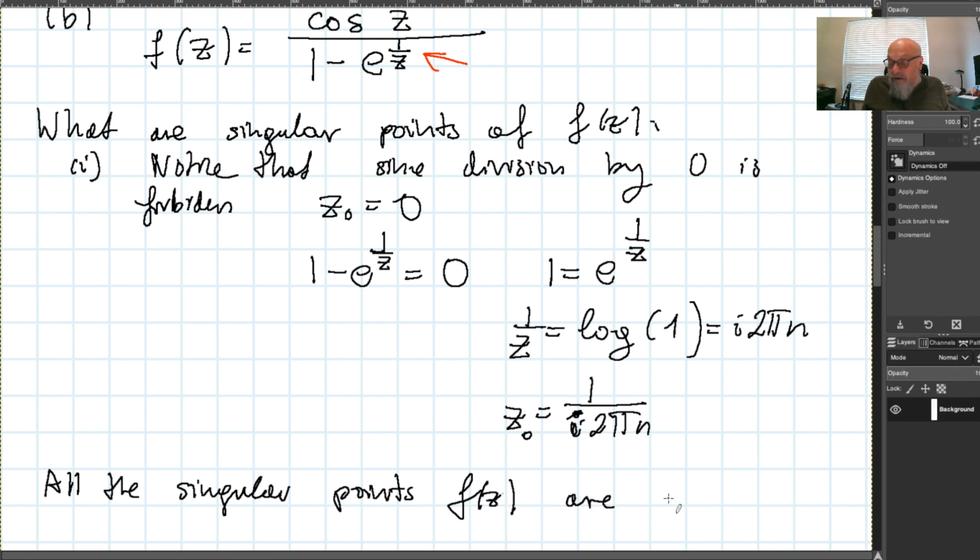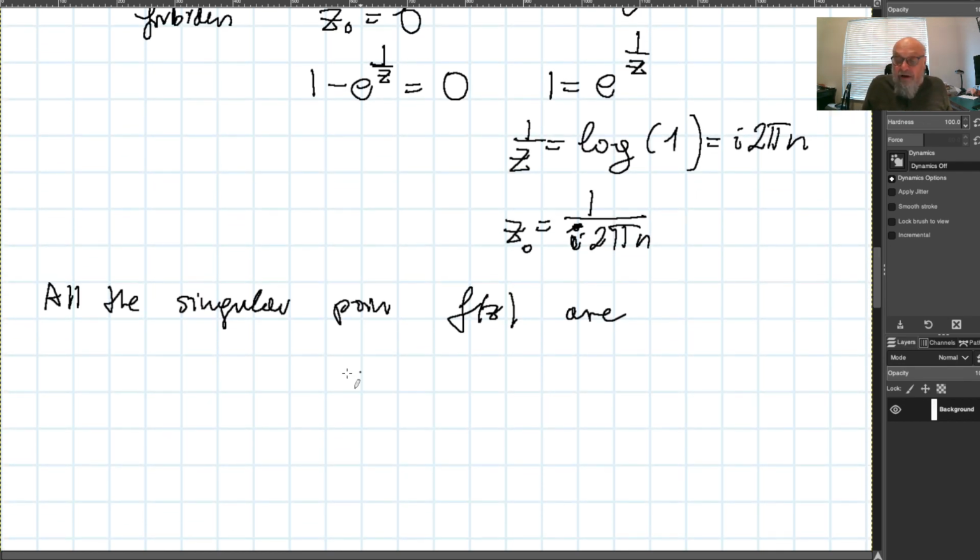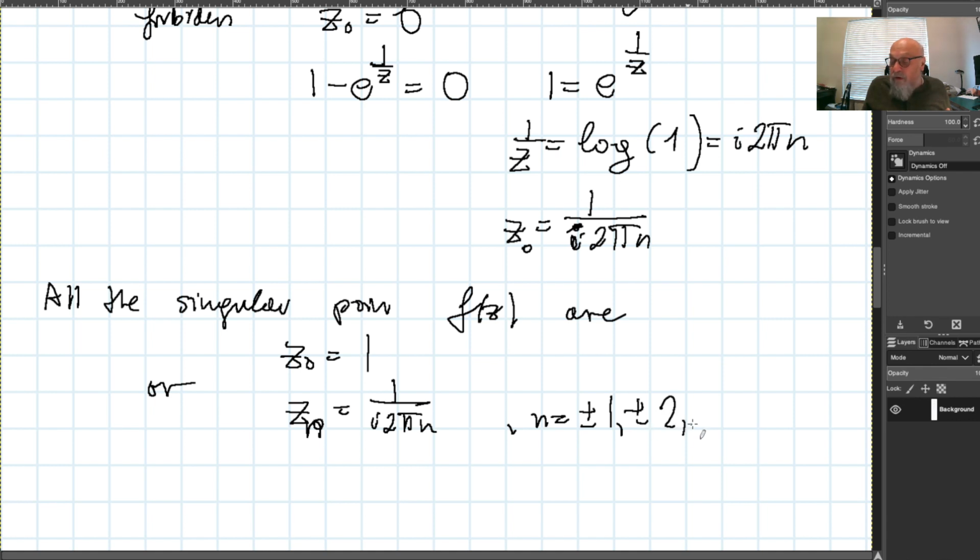They are, we have here like this, z0 equal to 0, and second we put it equal to 1 over i 2 pi n. Call these points z_n. So those are also singular points. I put here n because n cannot be 0, so it is plus minus 1, plus minus 2 and so on.